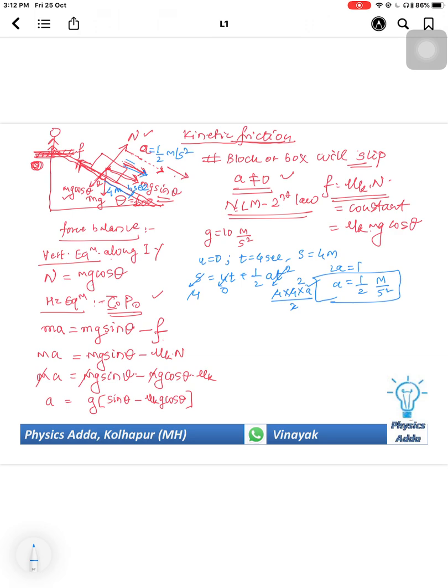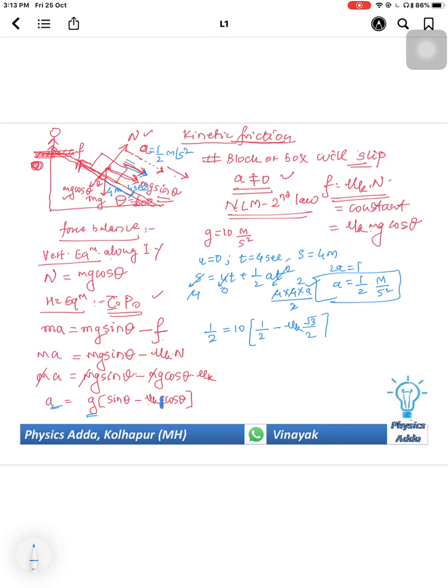Right. So here, if I am putting the values, half is equal to 10 into, what is sin 30? 1 by 2, minus mu k into cos theta. g is not there, I have taken it outside. Cos theta is root 3 by 2.